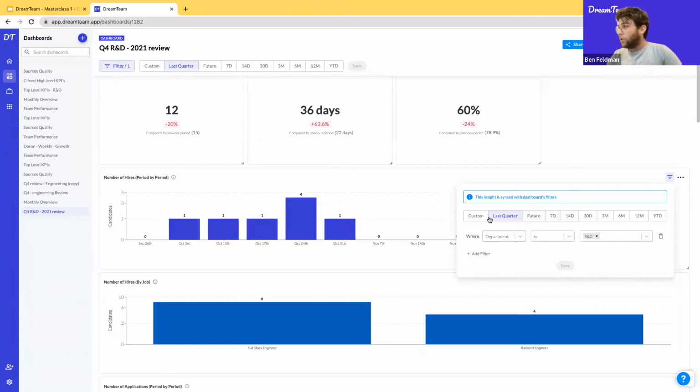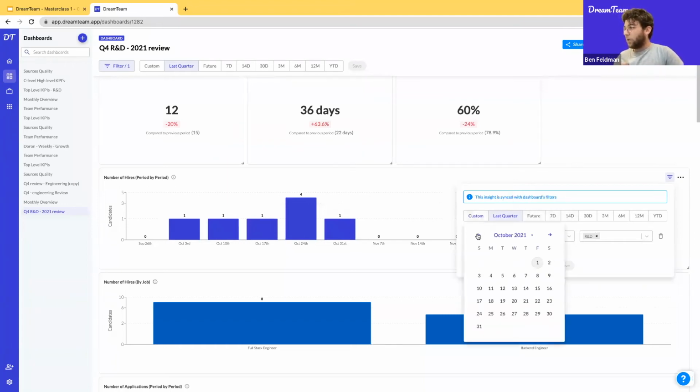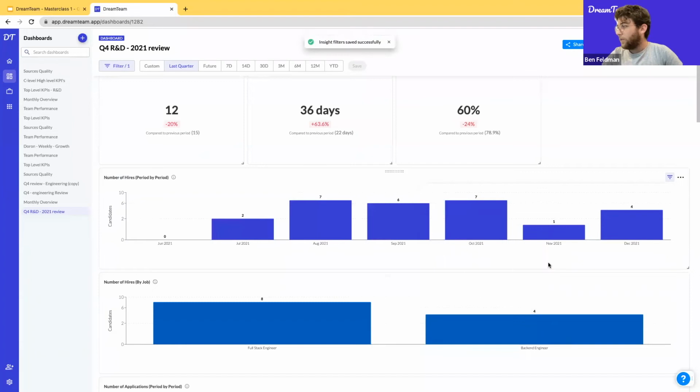So I'm going to use the custom date. I'm going to go all the way back to July. I'm going to go to December. I'm going to save. And now we see a clear story, right? Look at us. We were thriving in August, September, even October, and then we fell, right? And so this cements the issue, the reason that we're having this conversation.